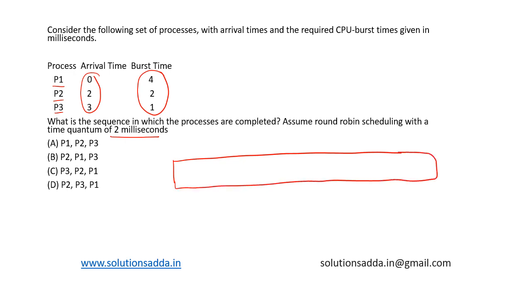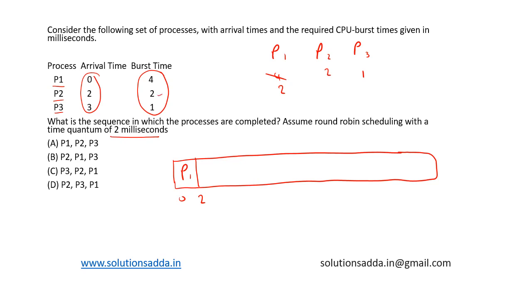So at time 0, we have process P1. It executes for 2 milliseconds. Now P1 has total burst time of 4. Now it becomes 2. P2 has initially 2 and P3 has 1. Now at time period 2, P2 has arrived.